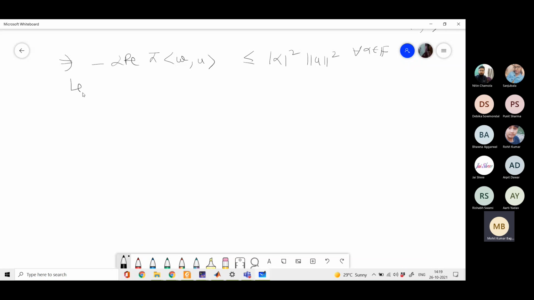Here you will make this scalar some particular choice, which is in this way, and you will get to know why we are choosing this scalar in such a way. Because this inequality is true for every alpha, if you put this, then the above inequality, the minus sign goes away due to this.